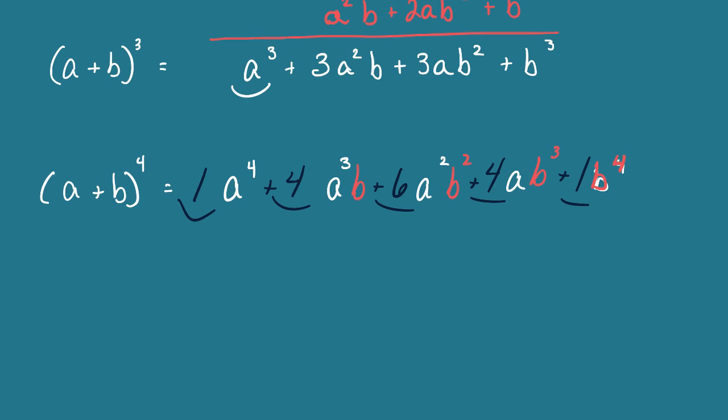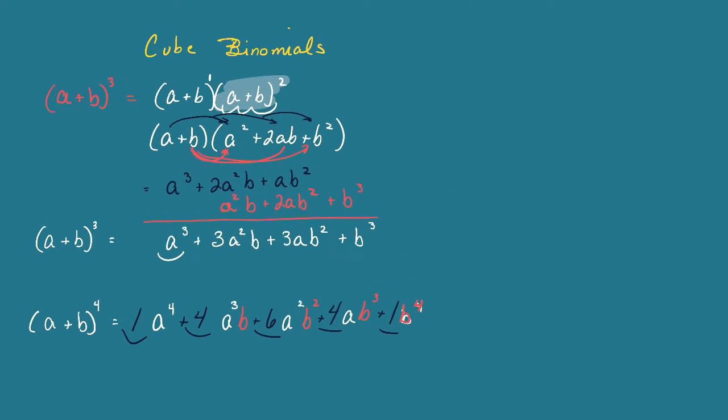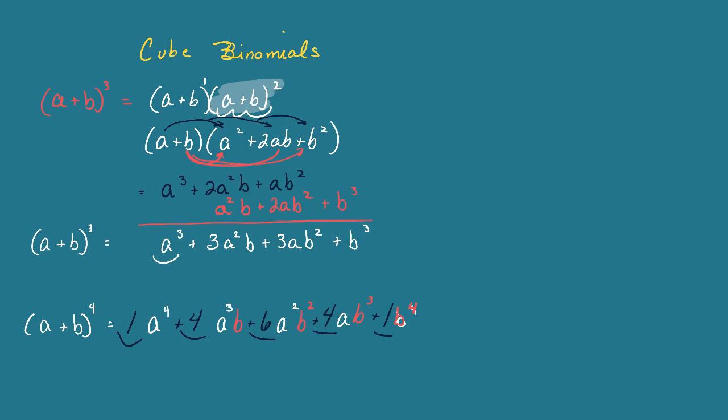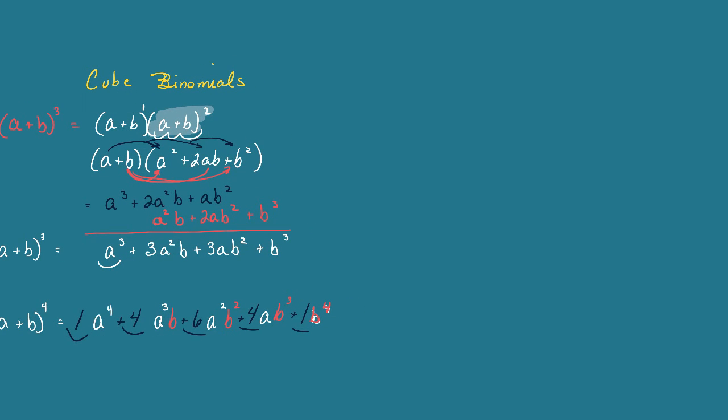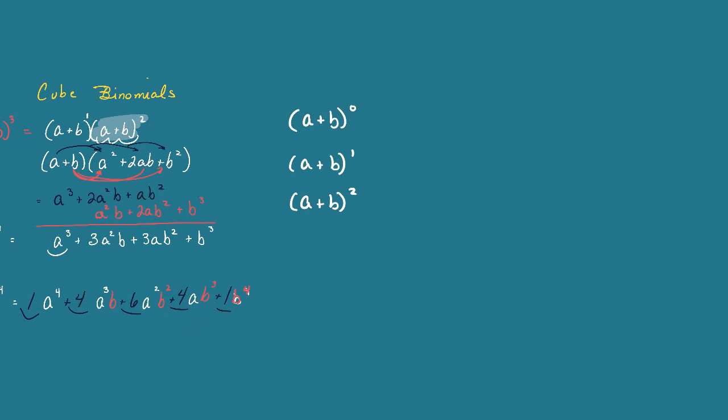Now to get these numbers, what I'm going to do is I'm going to look at the patterns that develop. And to do that, I'm going to look at binomials, and I'll start with a plus b again. And I'm just going to keep raising them to powers like this. And I'll look at what the expansion looks like when I multiply it all out. And so, for example, this a plus b squared, I already know that goes to a squared plus 2ab plus b squared.